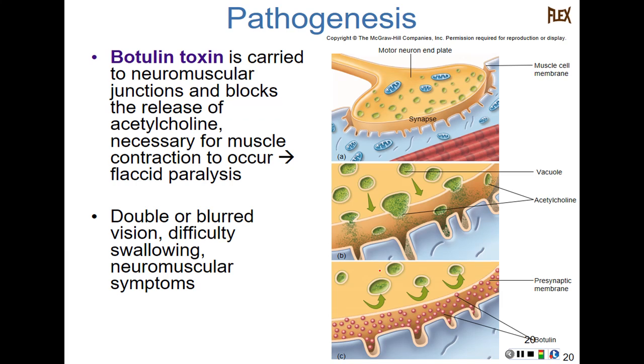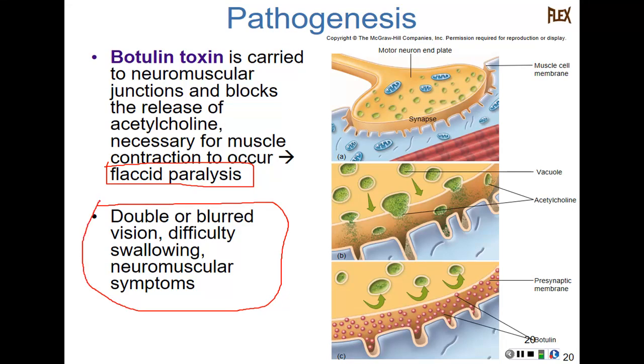So it's a neuromuscular toxin, and in this case, it leads to flaccid paralysis. And these can be some early symptoms.